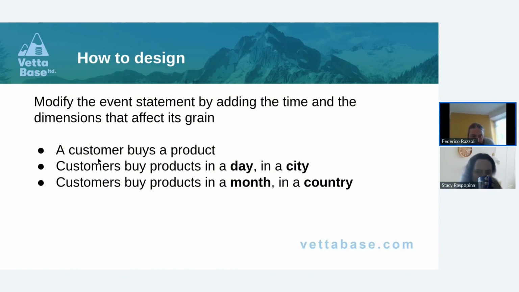So the first example was a customer buys a product, and okay, this can be an event, or it can be one version of the event, and it's totally fine. If you do that, every row in your data warehouse will represent a single purchase. You might also have something like customers buy products in a day in a city, and it means that you have rows that aggregate data.